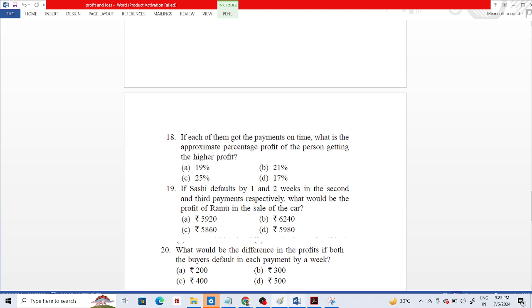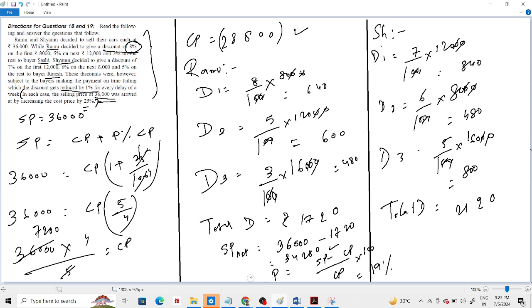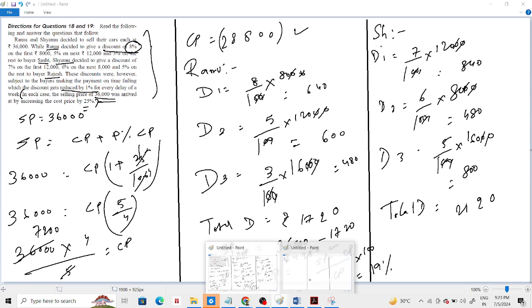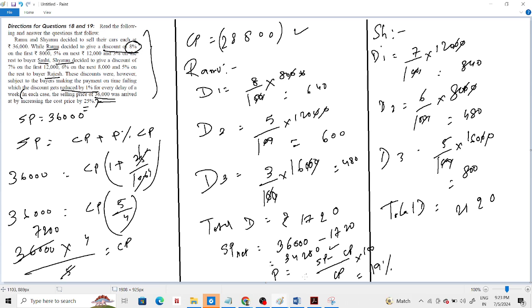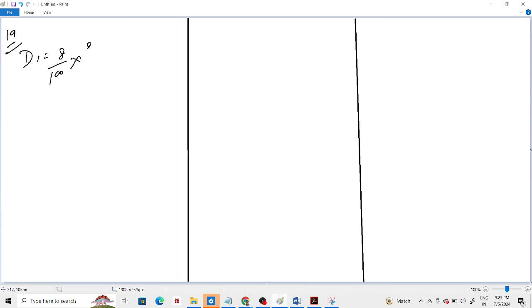So defaults by 1 week and 2 weeks in the second and third payment. Okay, fine. So that means the discount 1 will be the same. There is 8% of 8,000 only. That is 640. What will discount 2 become?